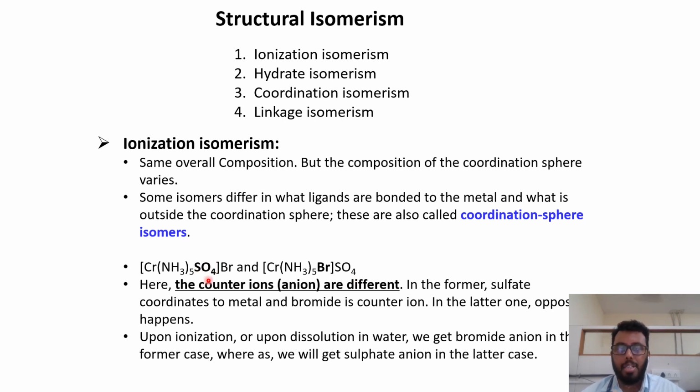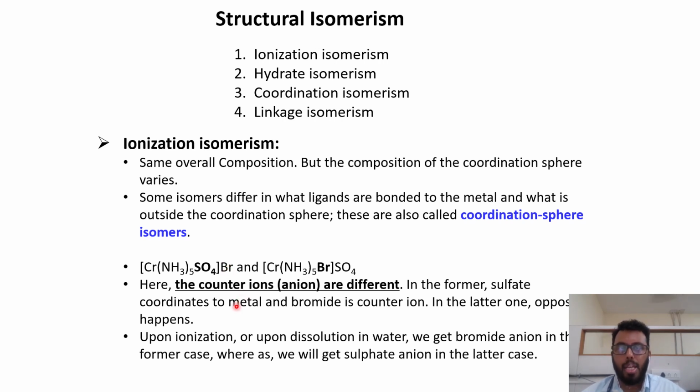I have highlighted the ion in bold so that you can understand the difference. So what is the difference? Look at this one. The metal ion is the same, the 5 ammine ligands are the same, but the sulfate ion is interchanged with the bromide ion. As a result, the counter ions are also interchanged.